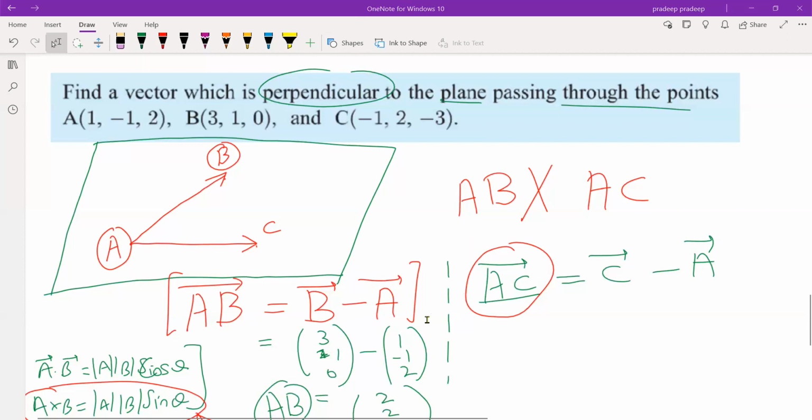I'm getting AC to be 2, -3 and 5. Okay, so let me just check.